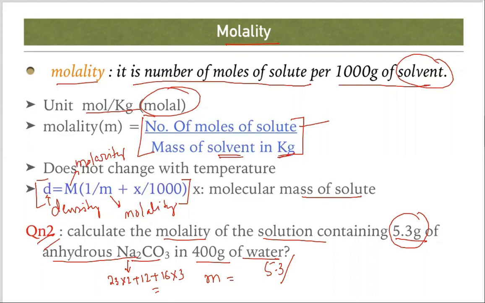This whole will be 106. So 5.3 divided by 106, whole divided by the mass of solvent. The mass of solvent is 400 grams, so that is 400 divided by 1000. Why 1000? Because we have to convert this mass into kg. If we calculate this whole formula, we will get 0.125 m, molal.